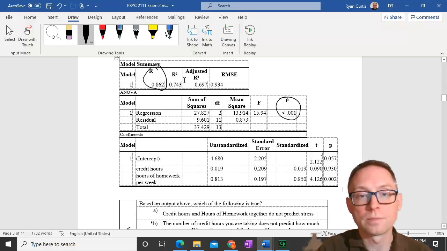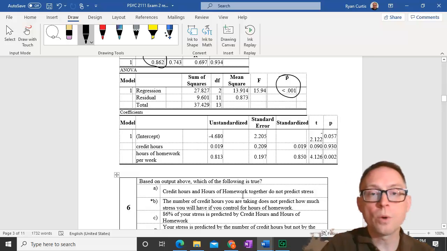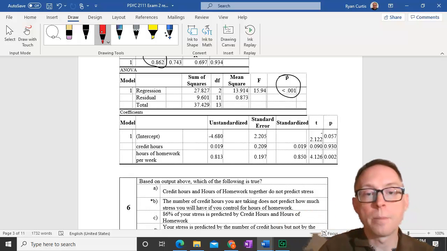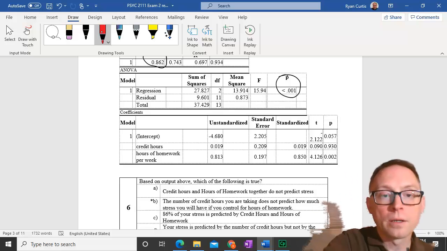The number of credit hours you are taking does not predict how much stress you will have if you control for hours of homework. So this question is asking us about something else. This one is going to ask us about betas. For betas, we've got to look down here.